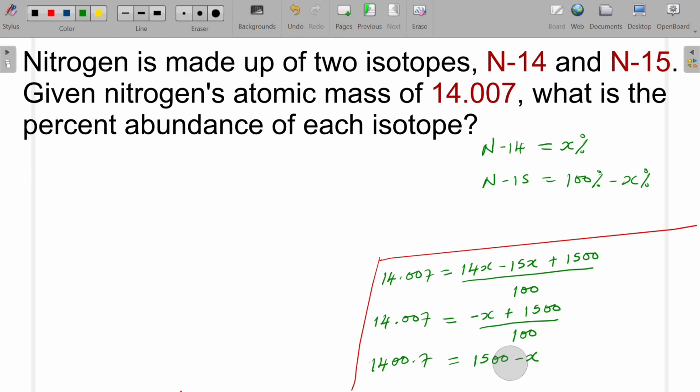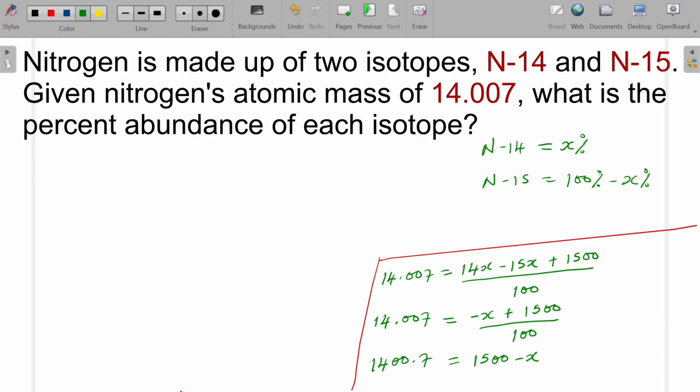So putting like terms together, since we want our x to be positive, we don't want it to be negative, we're going to take this x on this side and take this value we have here on the other side. The x moves from the right side to the left side, it becomes positive, and this value moves from the left side to the right side, it becomes negative.